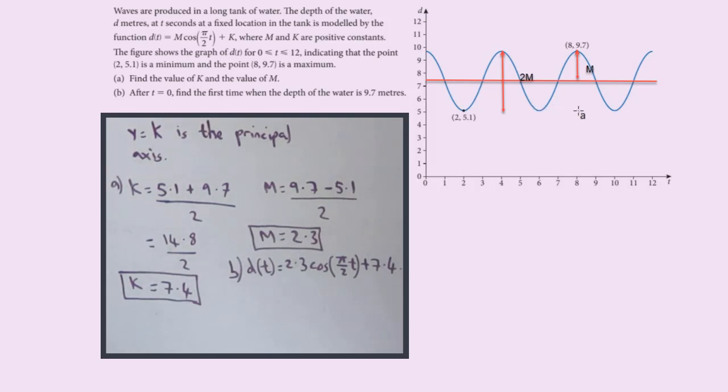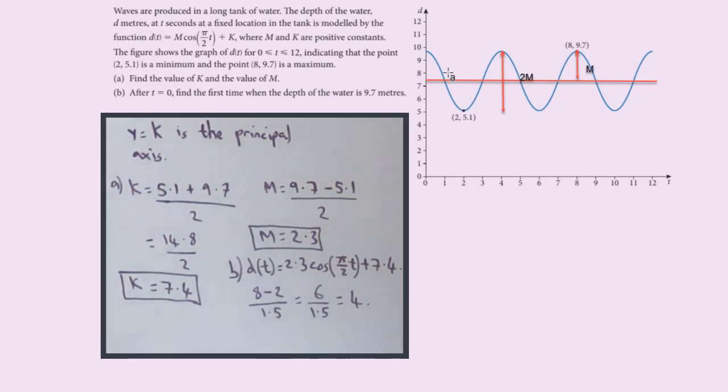So 1.5 periods is 8 minus 2, which is 6. So if we divide 6 by 1.5, what do you times by 1.5 to make 6? Well, that must be 4.